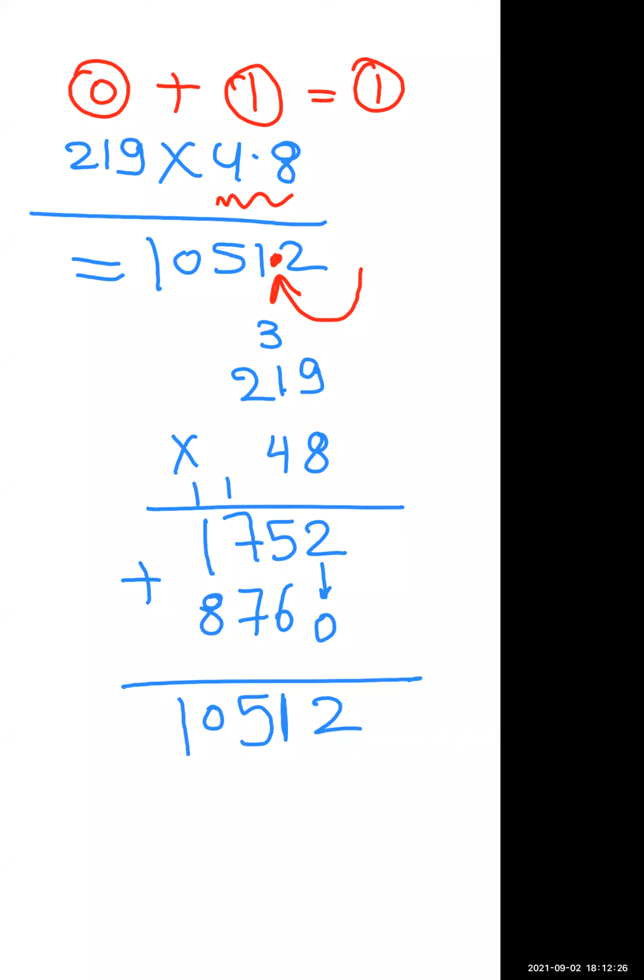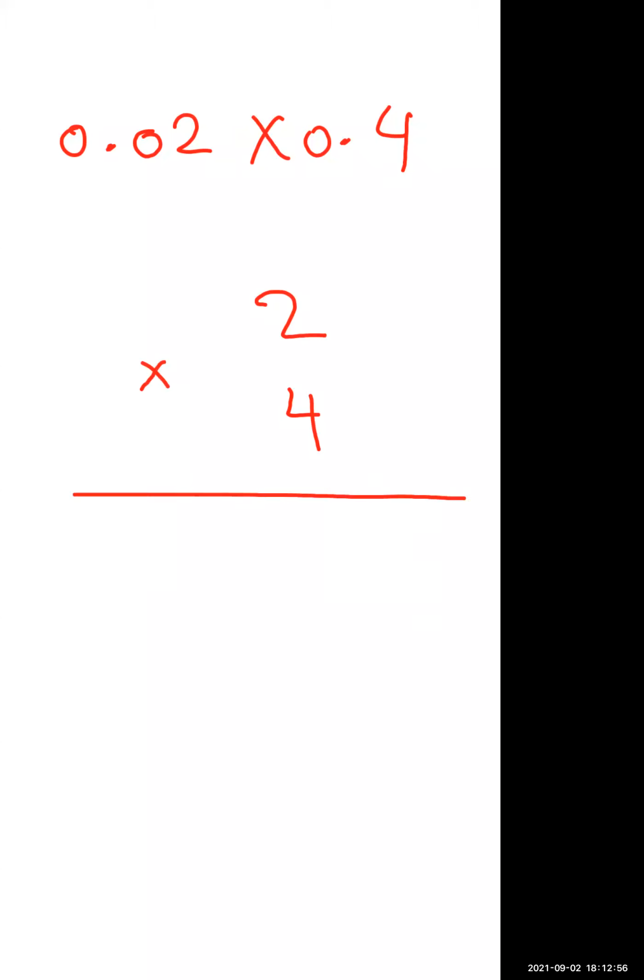One more example and concentrate well with me. If I want to multiply 0.02 times 0.4. Okay, now guys, I'm going to multiply 2 and 4, correct? And ignore the decimal points at all. So actually here, there is 0 before the number 2.